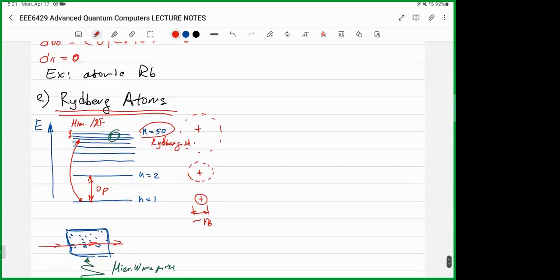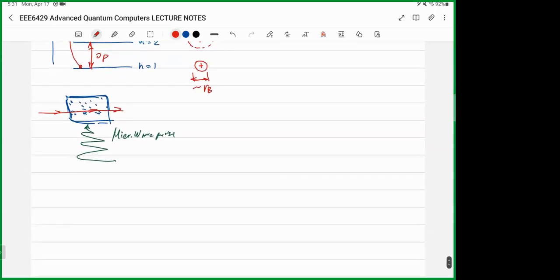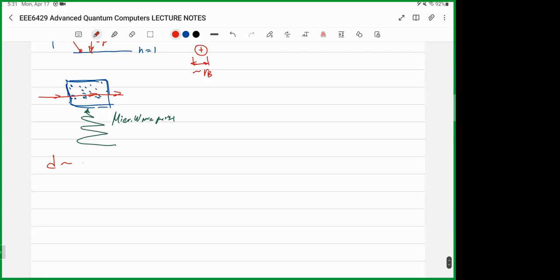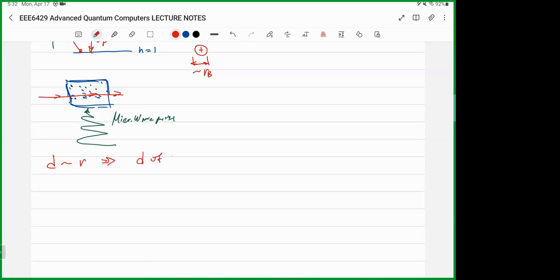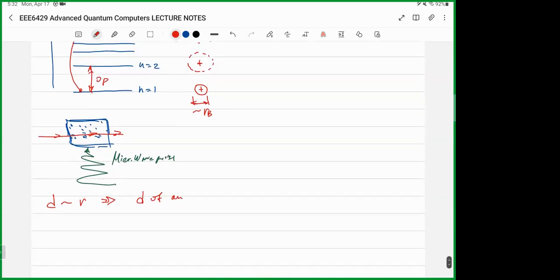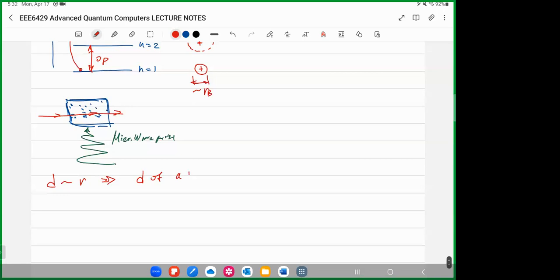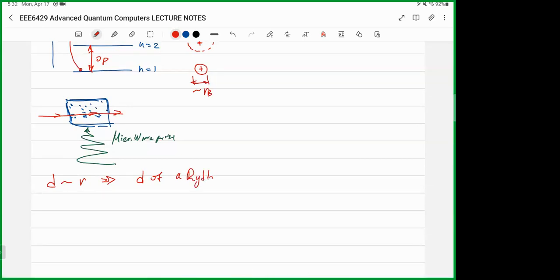And if you recall that the dipole moment is proportional to the radius vector of the electron in the system, it means that the dipole moment of a Rydberg atom is very large.